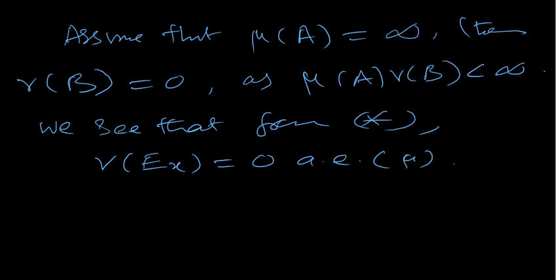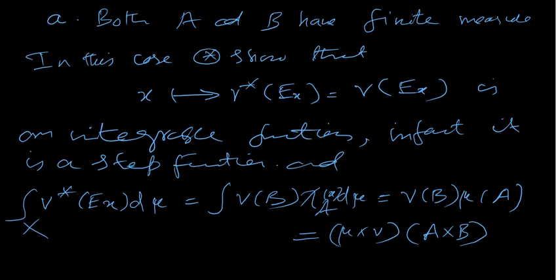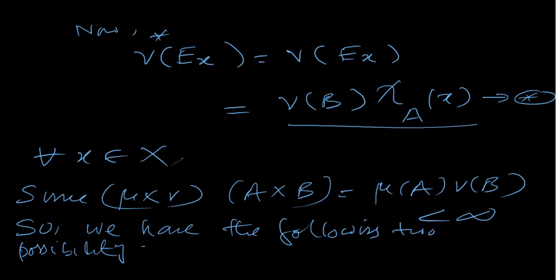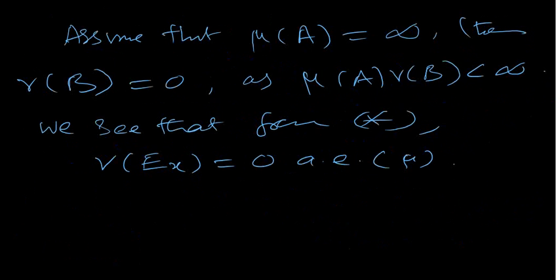Okay, why is it equal to 0 from star? You can see from star. Let's see the star equation. This is the star. So in that case, we have assumed that mu of A is infinity and nu of B is 0.